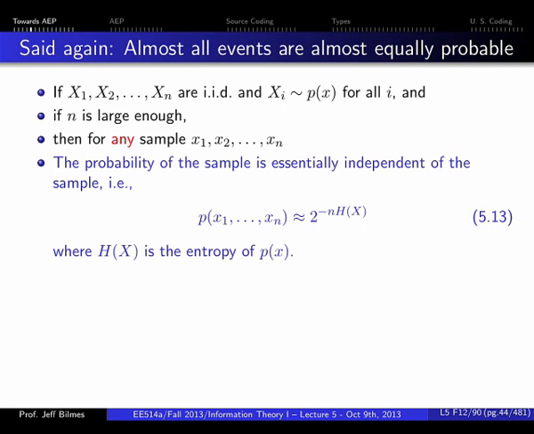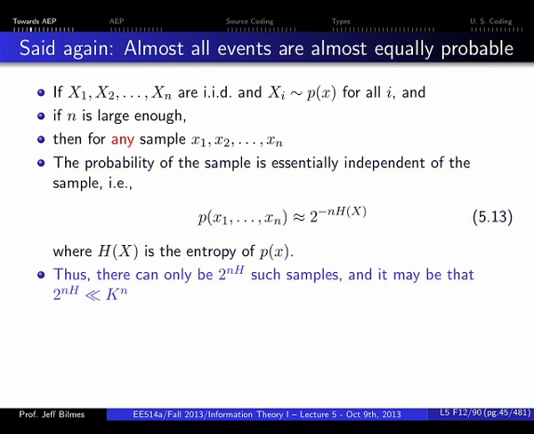If I tell you every possible outcome has probability 1 over L, let's use L, because I'm using n in the sequence, then how many outcomes are there? There has to be L, because they all occur. It's uniform. So how many outcomes are there? There's 2 to the nH such samples.